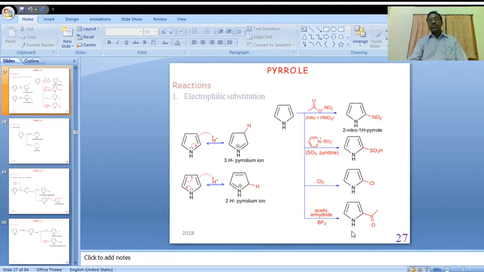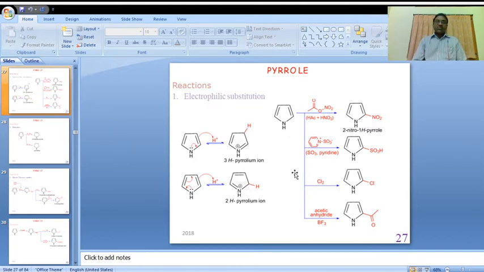This reaction will give a second-position substituted pyrrole, 2-acetyl pyrrole. These are the various examples of electrophilic substitution reactions.